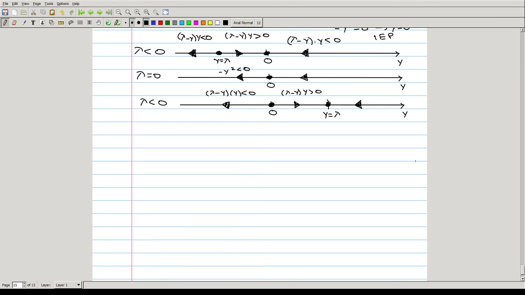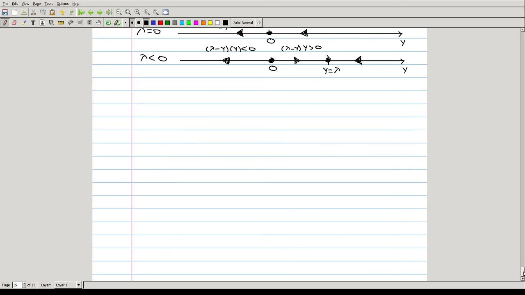So we get this switch where 0 is initially a stable equilibrium point, and when lambda switches from negative to positive, it becomes an unstable equilibrium point, and we get this new equilibrium point, y equals lambda, which is now a stable equilibrium point. So to visualize what's going on here, just like before, we can draw the bifurcation diagram.